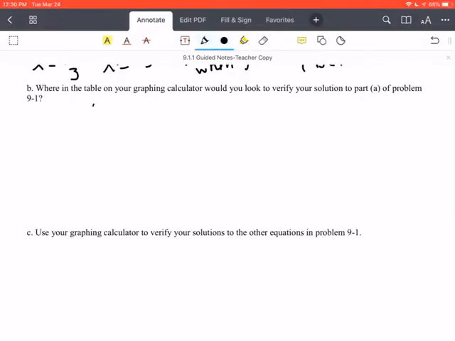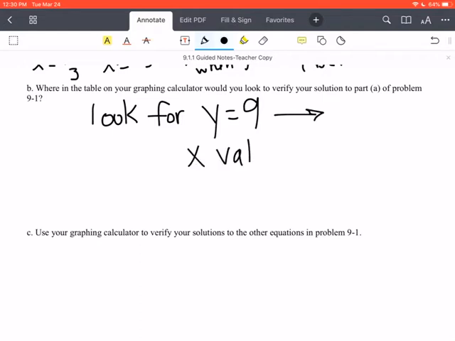We would look for y equals 9, and then the x value or values is the solution to the equation.